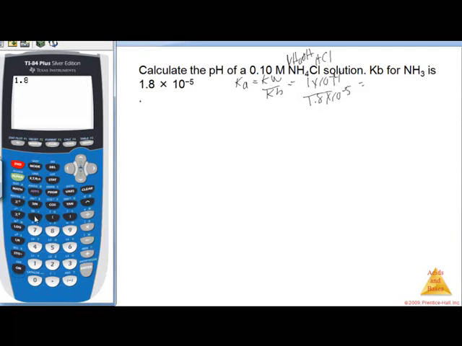Did it wrong. 1.0 second EE negative 14 divide by 1.8 second EE minus 5 gives me 5.556. I'm just going to call it times 10 to the minus 11. That is my Ka. Okay?